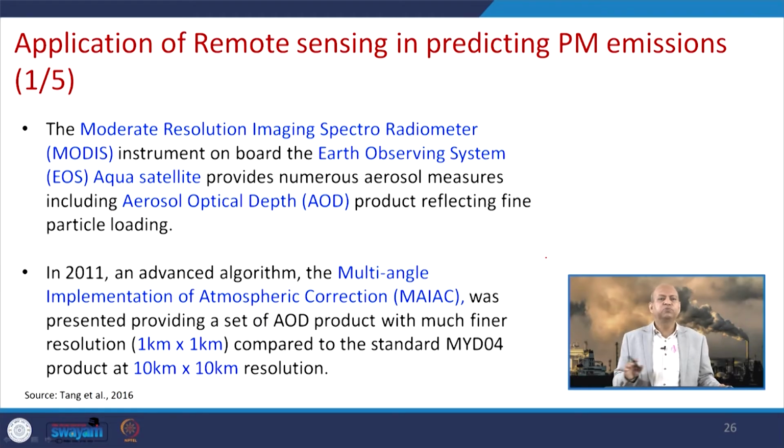And then the Earth Observing System US Aqua satellite gives the information about that, and it provides numerous aerosol measurements including aerosol optical depth, AOD, okay, which can be used for reflecting fine particulate loading, etc. In 2011, an advanced algorithm was developed, known as Multi-Angle Implementation of Atmospheric Correction, that is MAIAC, which provides a set of AOD, aerosol optical depth products with finer resolution of 1 kilometer by 1 kilometer.